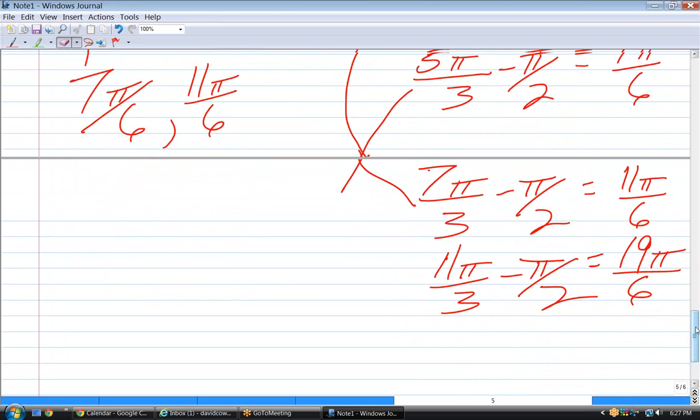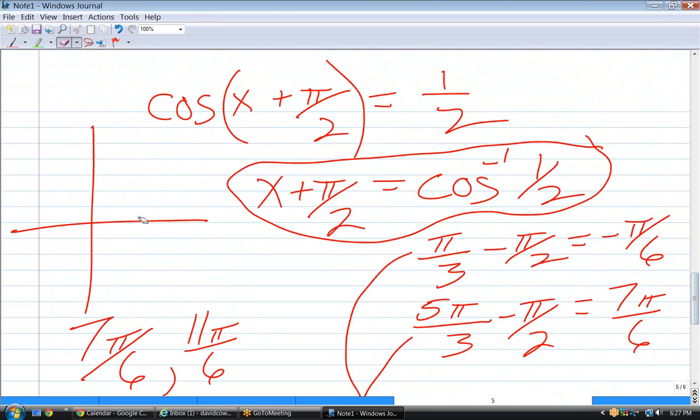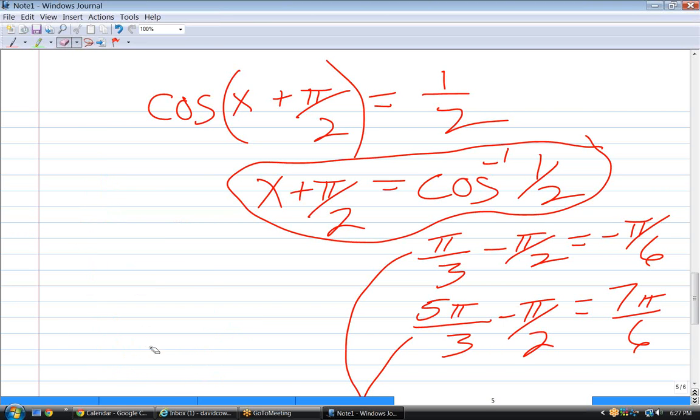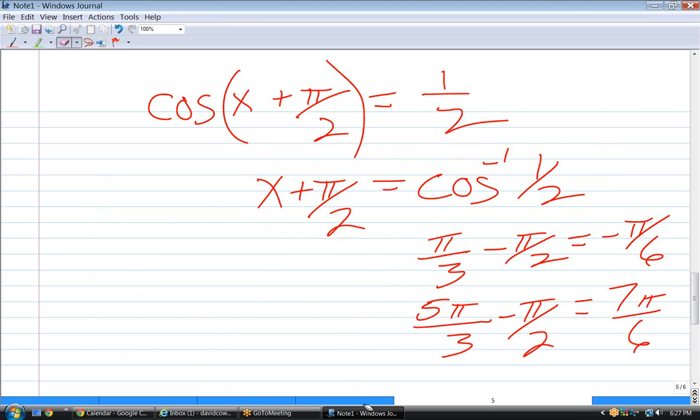Make sure you understand what I did here. 7 pi over 6 and 11 pi over 6 are our answers. Make sure you see what I'm doing here. In other words, if this is true, then it means that this angle is equal to the inverse cosine of 1/2, because I can always take the inverse cosine of both sides.